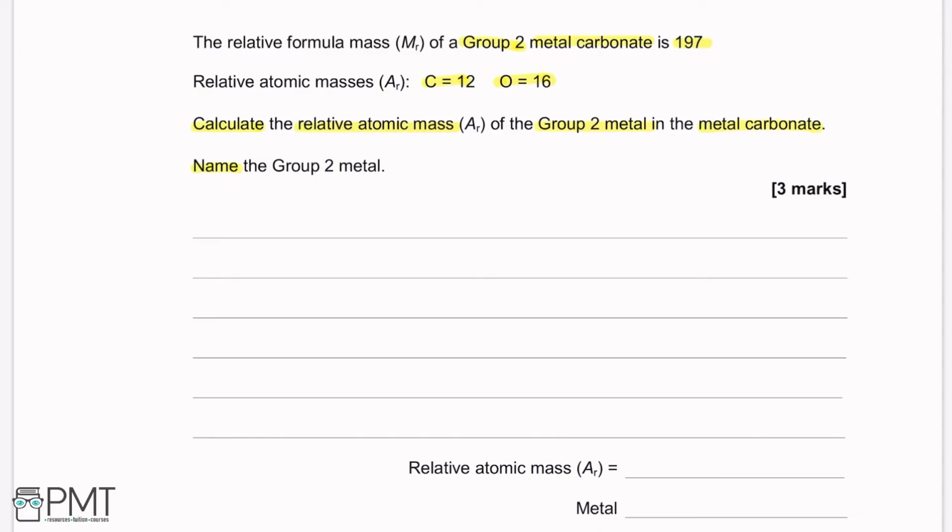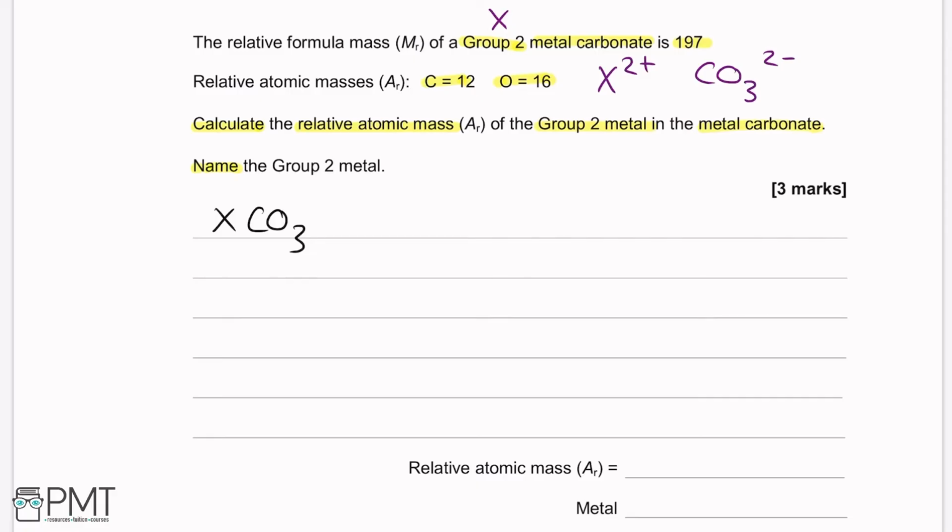Let's call the group 2 element X. Okay? Because it's in group 2, it's going to form 2+ ions. And it's a group 2 metal carbonate, and remember, the carbonate ion has a 2- charge. So those charges will cancel out to give us the formula of the group 2 metal carbonate to be XCO3.